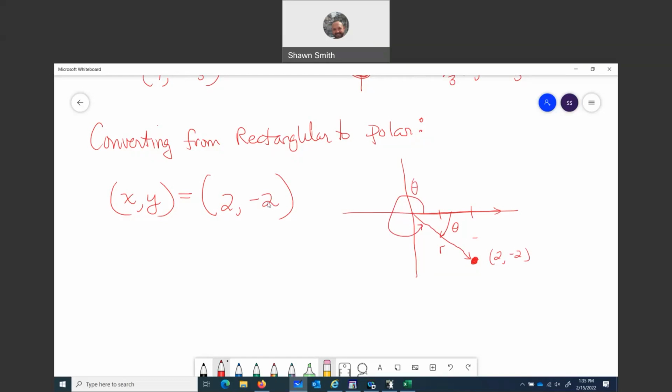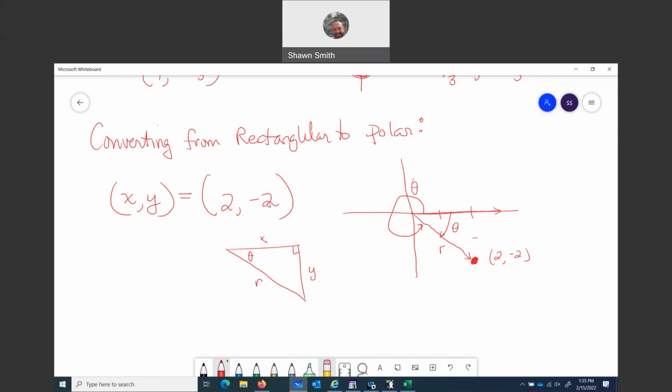But if I'm looking at a triangle right there, it's a right triangle, correct? This is x, this is y, this is r, that is theta. There's some relationship between x and y that are given, and theta.